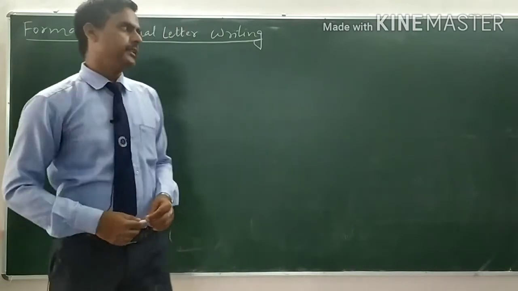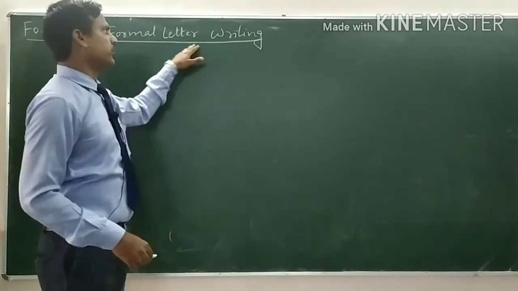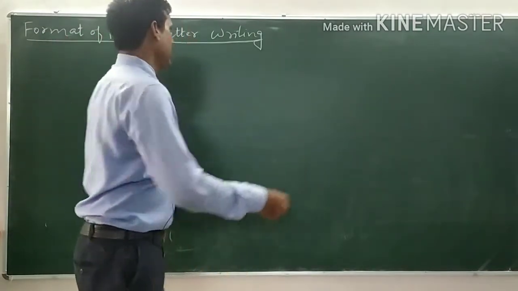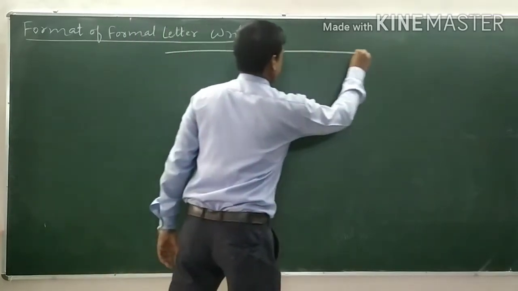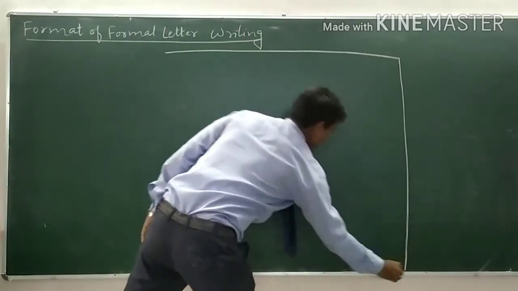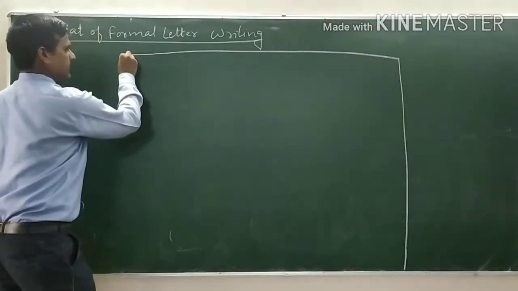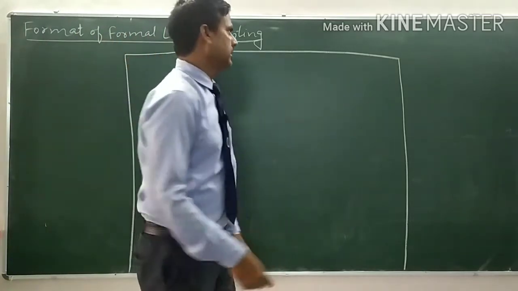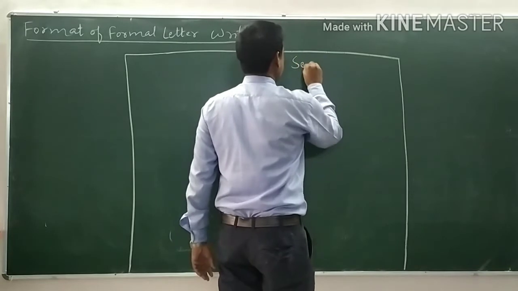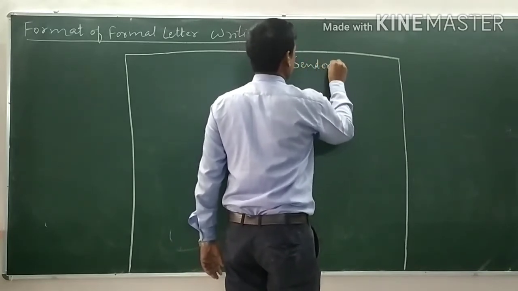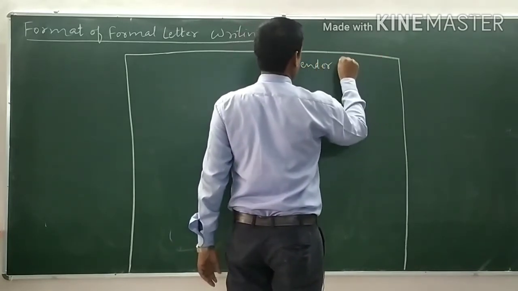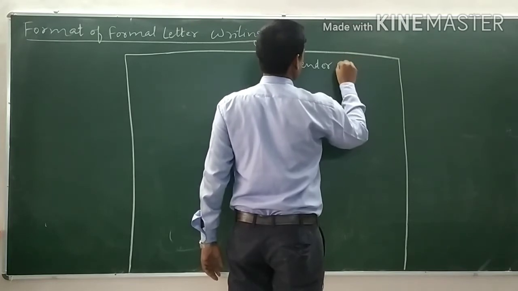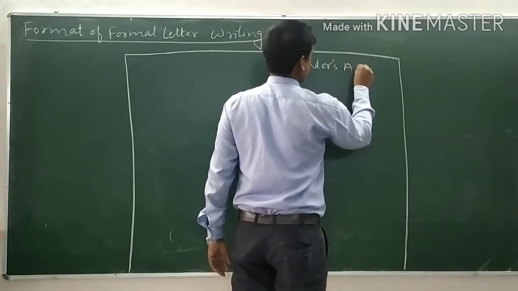Now let us see the format of formal letter writing. In formal letter writing, an application is also part of formal letter writing. In formal letter writing, we write the sender's address at the right hand side.